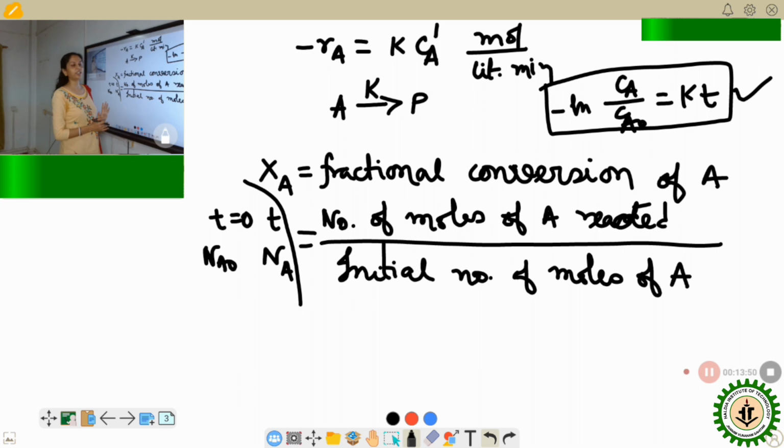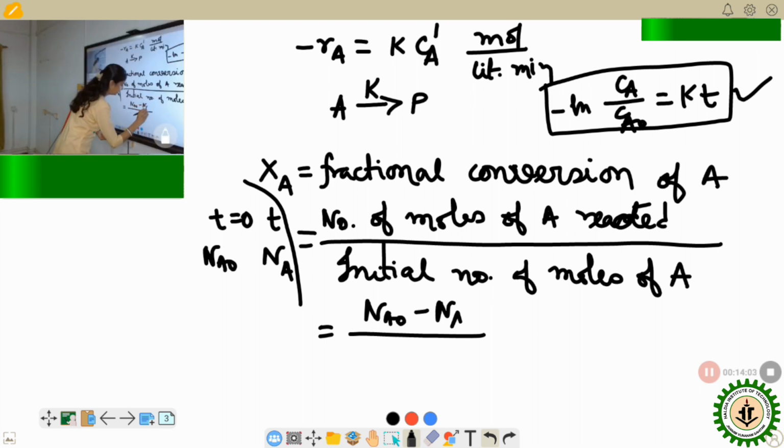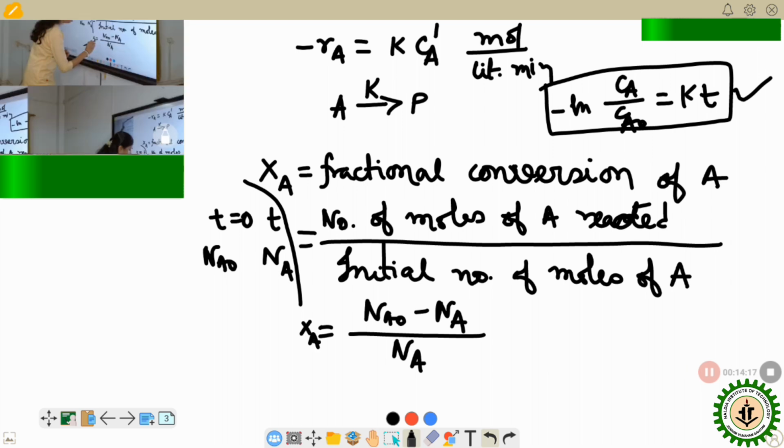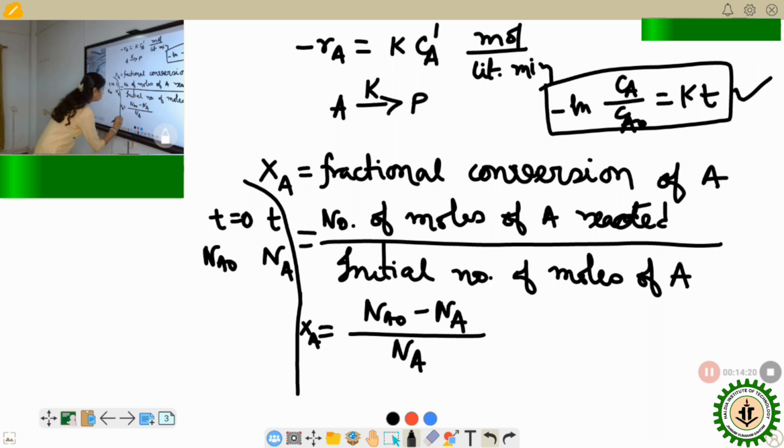So how much A is reacted now? If initially this much was there and now it is NA, how much will be reacted? That is NA0 minus NA, and the initial mole is given as NA0. Okay, that is XA. So I can write XA equals 1 minus NA by NA0.